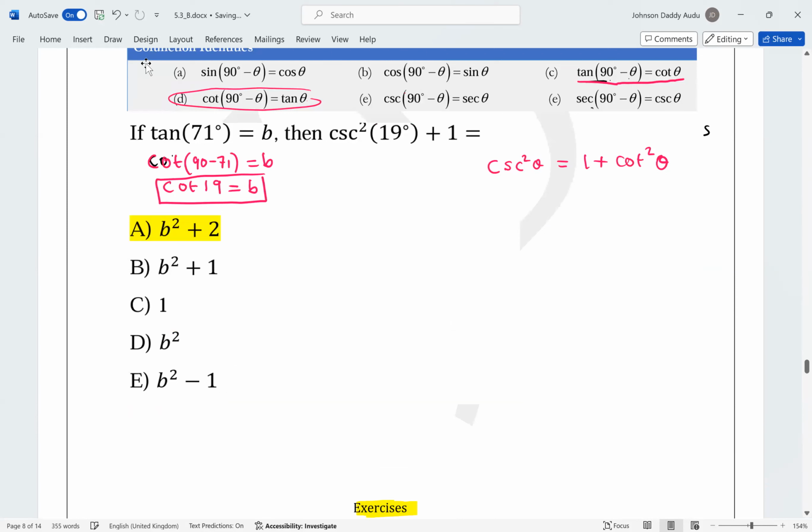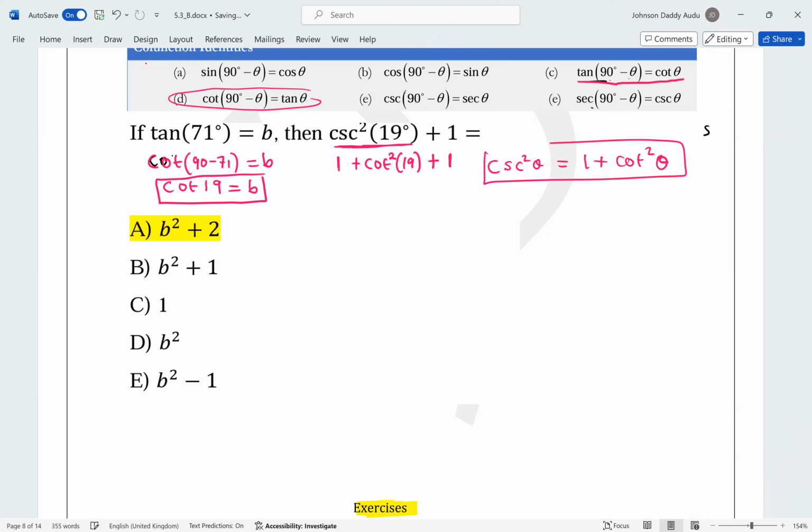All right, so here, what is cosec squared? I can replace cosec squared 19 based on this formula with 1 plus cotan squared 19. But we still have plus 1, right? Now, what is this one?